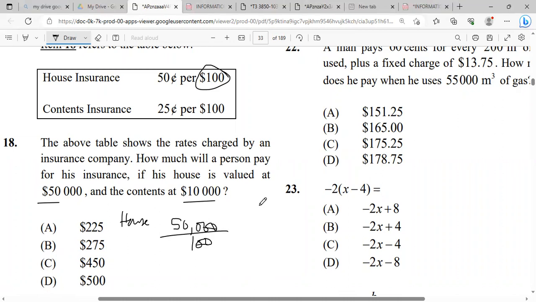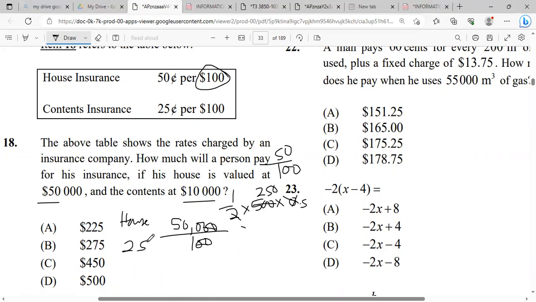So now we end up with 500, and it says 50 cents per $100. 50 cents is the same as 50 upon 100, because it takes 100 cents to make $1. So 50 cents is a half, so we can multiply this by 0.5 or by a half. I could just say a half. 2 into 2, 1, 2 into this, 250. So for the house, I'm going to pay a total of 250.